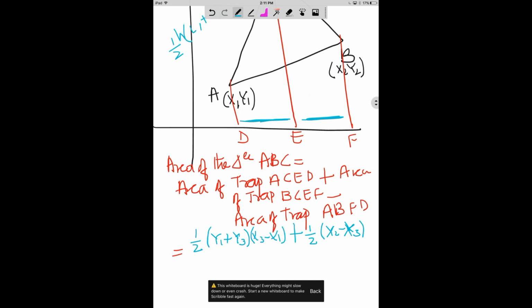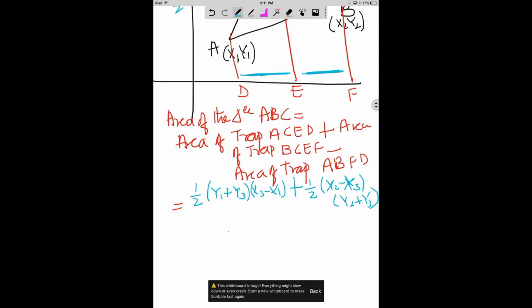Okay, half into (x2 minus x3) times (y2 plus y3). Then minus, subtract, half h.